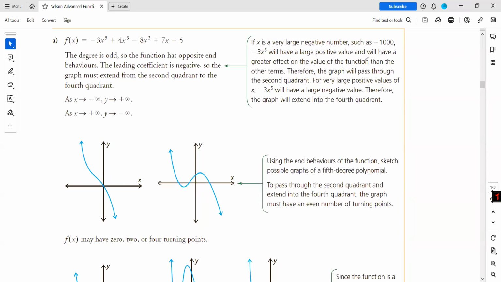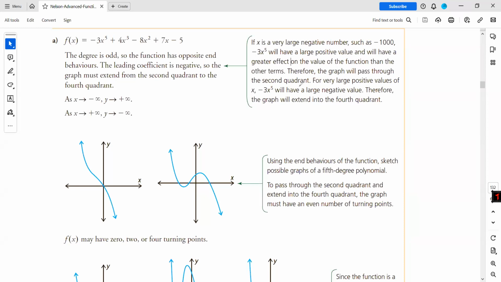So we'll have a large positive value and it will have a greater effect on the value of the function, because its exponent is highest. Remember, the highest exponent has the greater effect in the function.